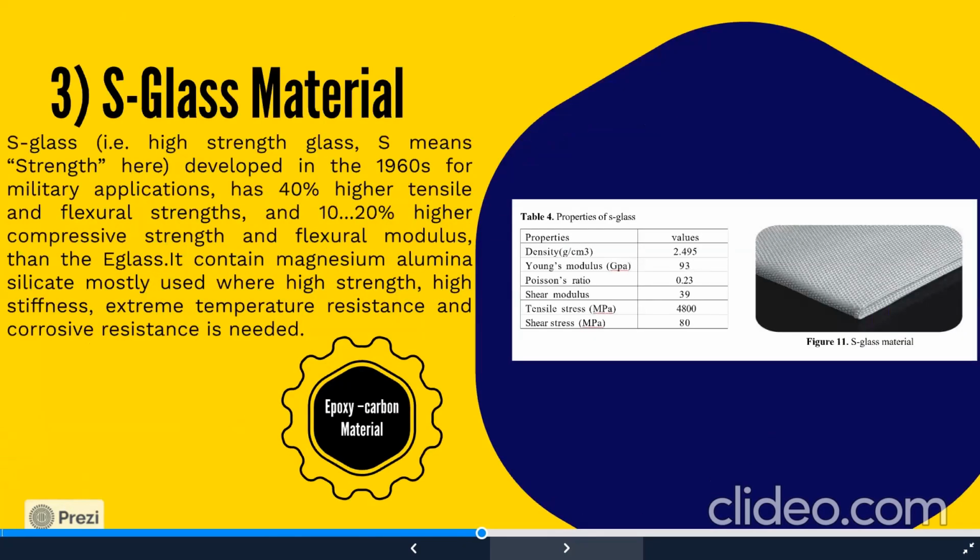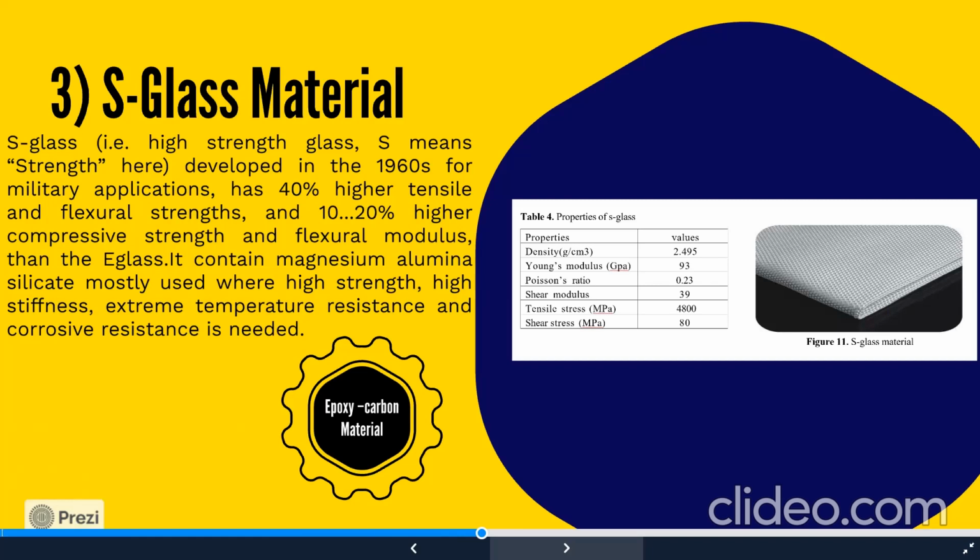The third type is S-glass, high strength glass. S means strength. Developed in 1960 for military applications, S-glass has 40% higher tensile and fracture strength, and 10 to 20% higher compressive strength and fracture modulus than E-glass.